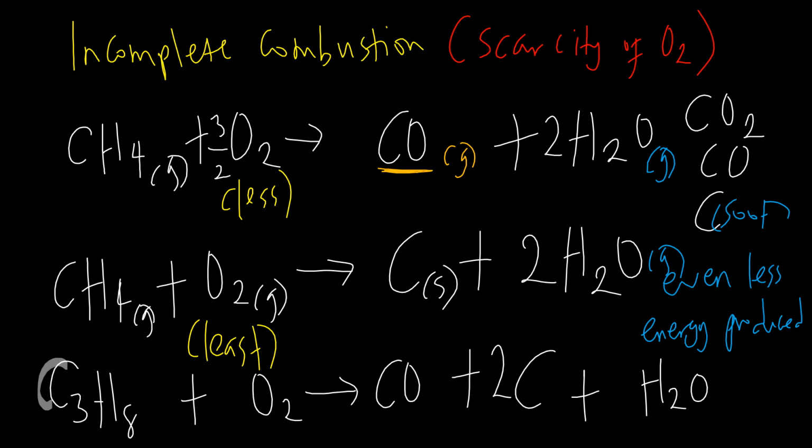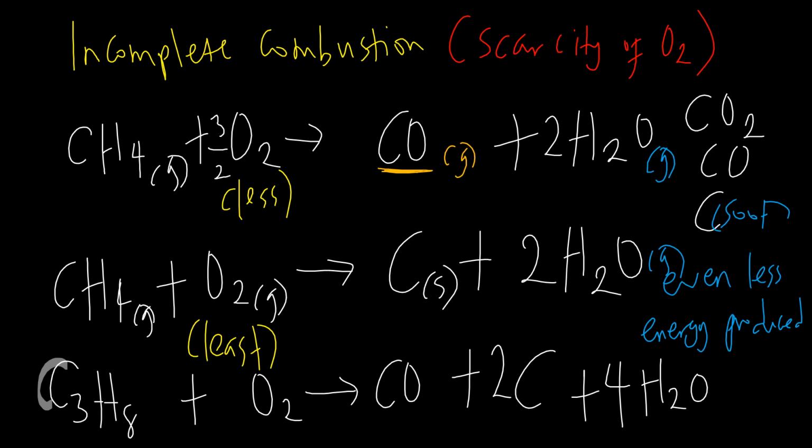In terms of H, you have 8 H's on one side, and so I'm going to put a 4 in front of H2O. And then that leads to us having 2 oxygens on one side. And then you have 4 oxygens on the product side coming from water, and then 1 oxygen coming from carbon monoxide. So that means I have 5 oxygens on the product side.